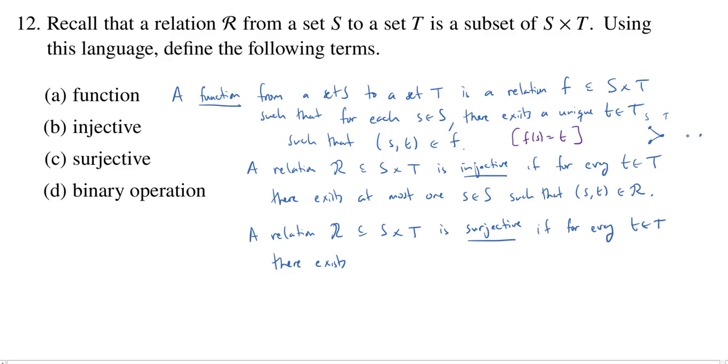You have to have at least one. You could have two, three, it doesn't matter, but you have to have at least one. So it's just one word difference. There exists an s in S such that s comma t is an element of R.